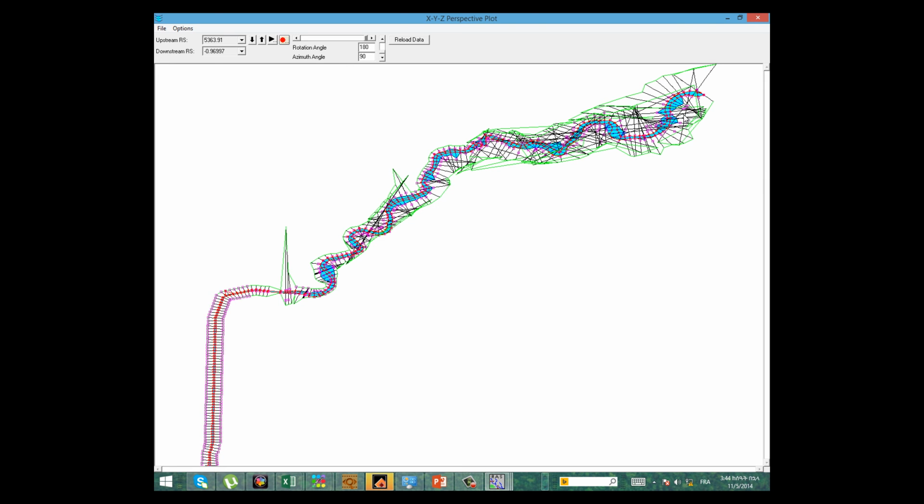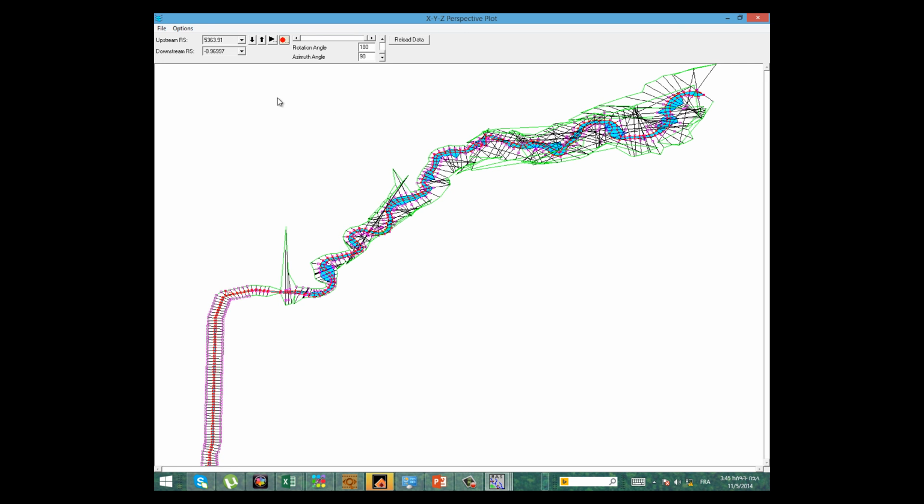For 300, you can see Q300. You can see some of the areas are widely affected. Some of the areas, because of the levees, are protected even if the flood increases, but there are some areas where the banks are very low, so that the flood can overtop and affect the surrounding area.